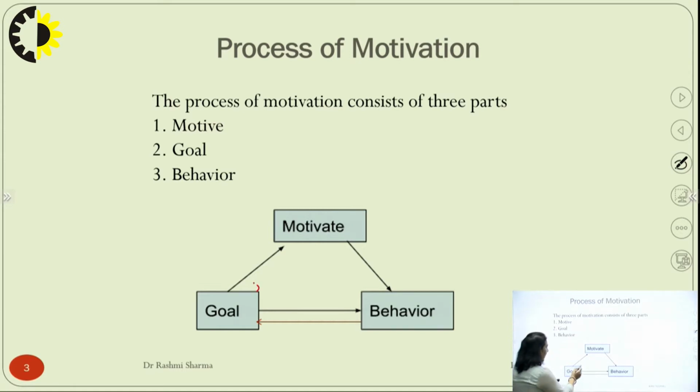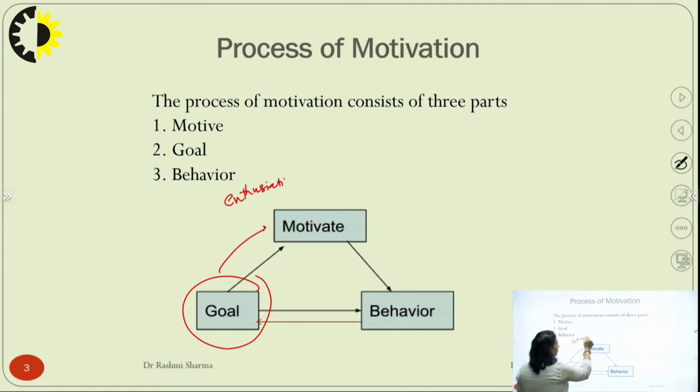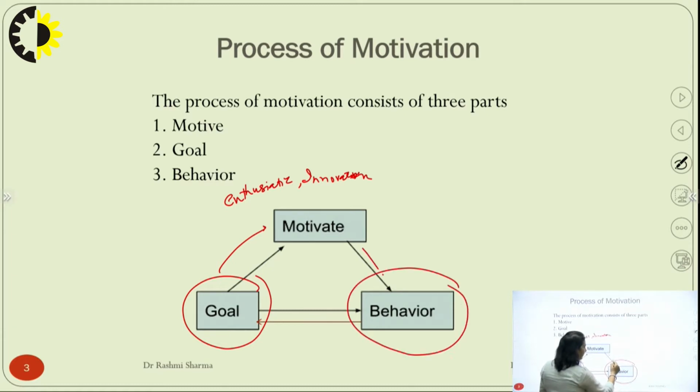If I have some specific goals in my mind, to achieve that goal we have to stay motivated and enthusiastic. We have to be innovators, doing new things so that we can remain motivated. To remain motivated, you should have some specific kind of behavior. See this arrow. You should be optimistic, you should be opportunistic.